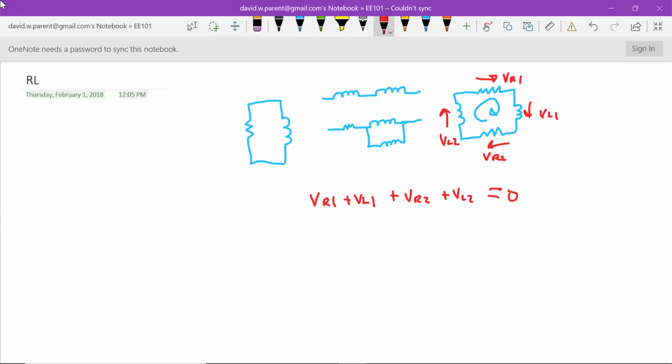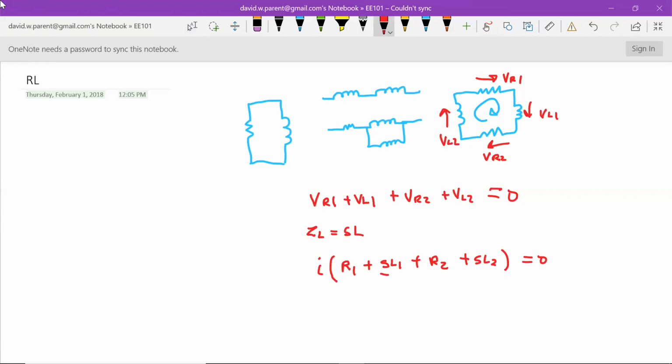And if I use the impedance method where ZL equals SL, the equation would become, collecting the I's, I times R1 plus SL1 plus R2 plus SL2 equals 0.